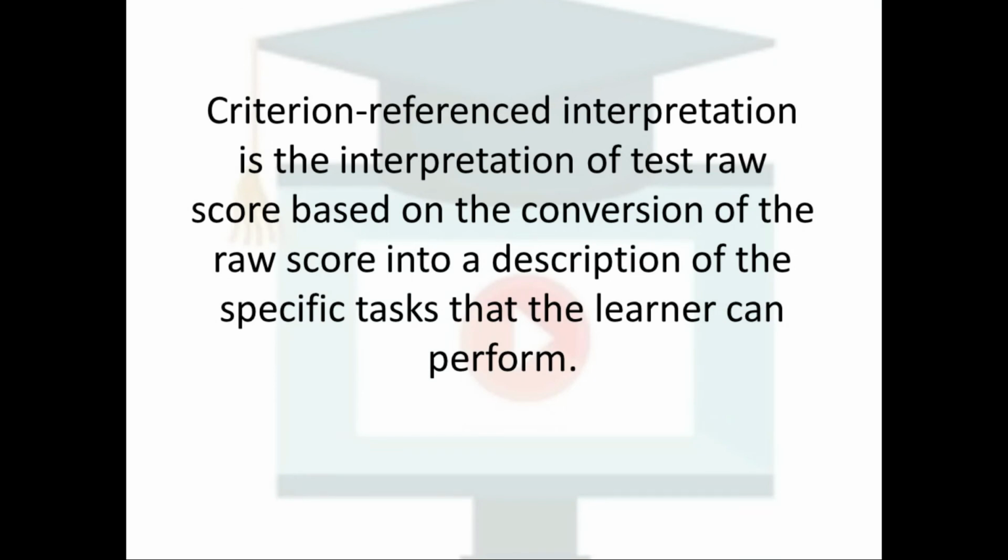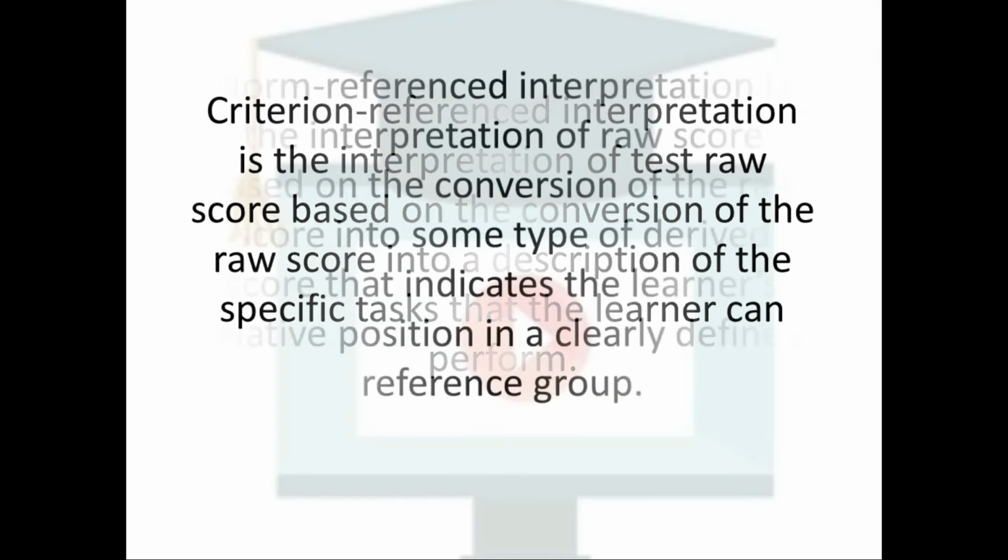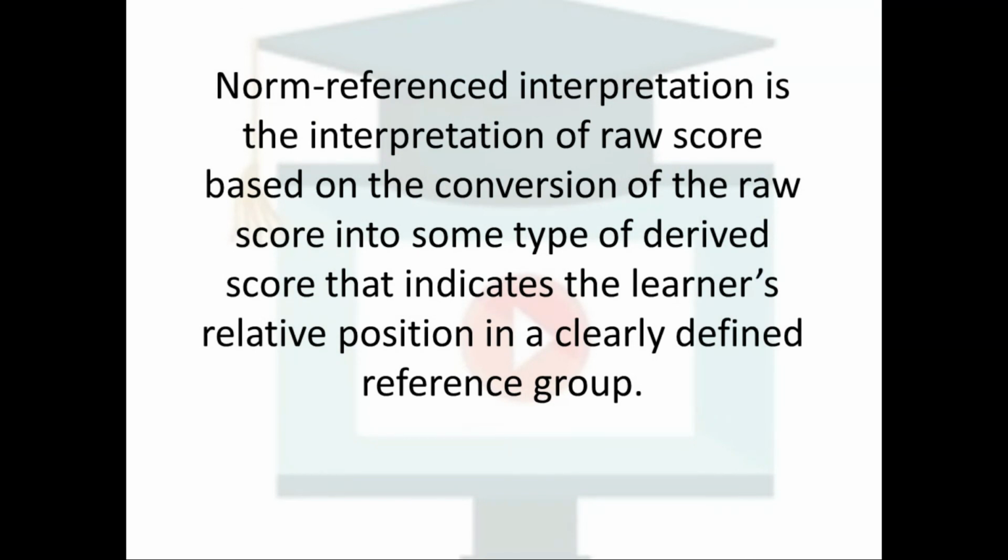Criterion-referenced interpretation is the interpretation of test raw scores based on the conversion of the raw score into a description of the specific tasks that the learner can perform. Norm-referenced interpretation is the interpretation of raw scores based on the conversion of the raw score into some type of derived score that indicates the learner's relative position in a clearly defined reference group.